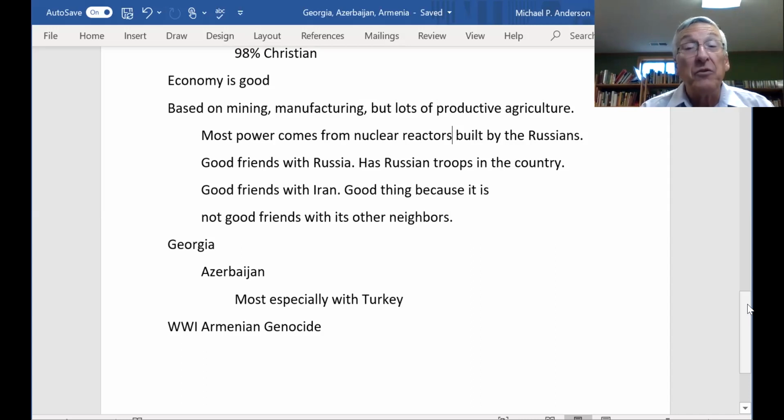But Turkey's refusal to admit it, Armenians' unwillingness to forgive it, it's not a happy situation there. Okay? So there you have Georgia, Azerbaijan, and Armenia.